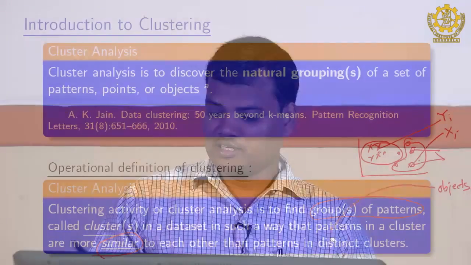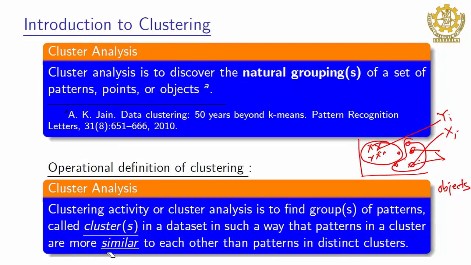If you compare two objects from two different groups, they will be dissimilar compared to two objects in the same group. Now, we know what a cluster is: a group of objects forms a cluster, and two objects in a group are similar, and we have the notion of similarity.